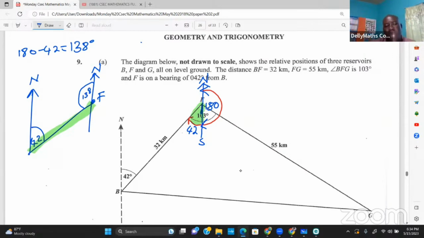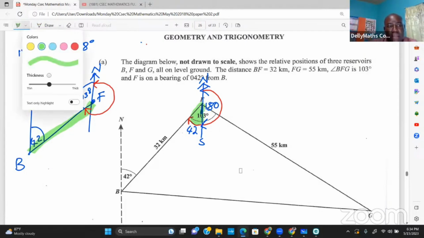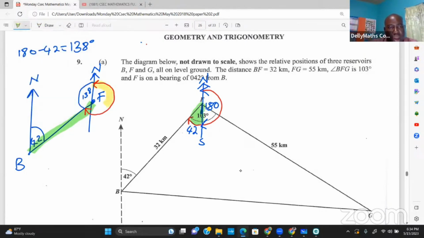Now, look at the bearing. This is B. The bearing you wanted was all of this. The red arrow system with the blue up there would have formed a full circle, where the bearing that I really want is this yellow here. I want all of that angle right there.